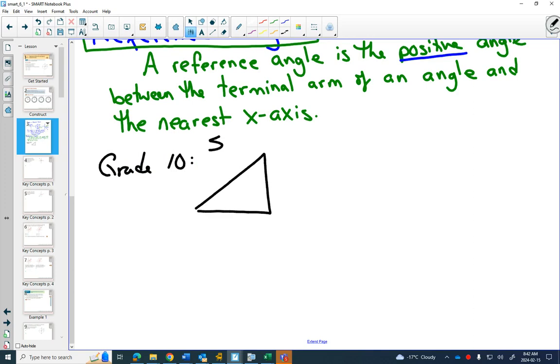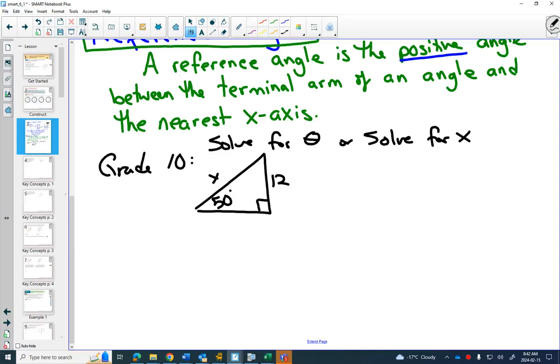They were questions that said either solve for theta or solve for x. So if I had a 90-degree triangle and this was 50 degrees and this was x and this was 12, how would you solve for x?